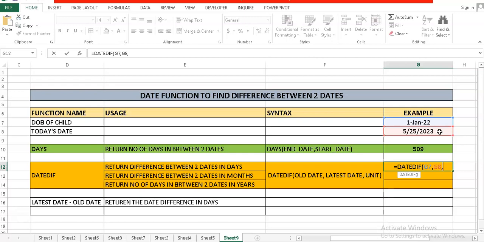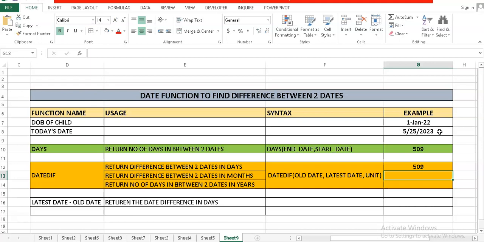So I have to mention that unit in double quotes, in single letter. For days it is D, for months it's M, and for years it's Y. So I am going to press enter. It should be 509. Okay, so 509 is written over here.